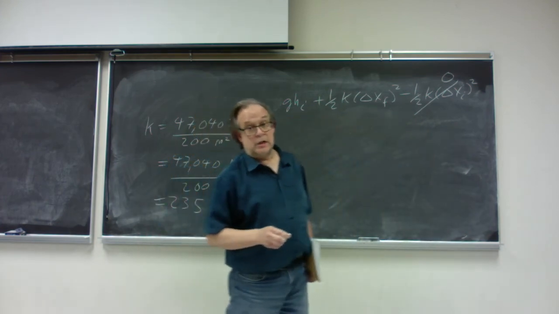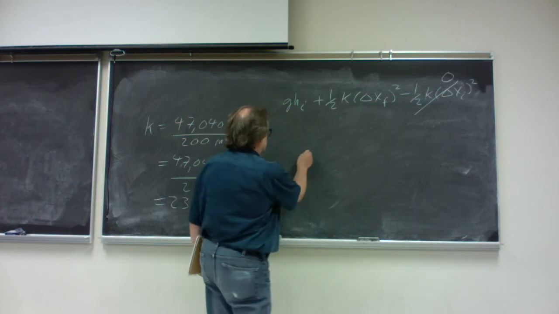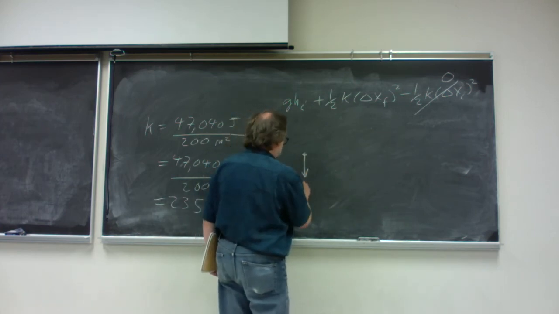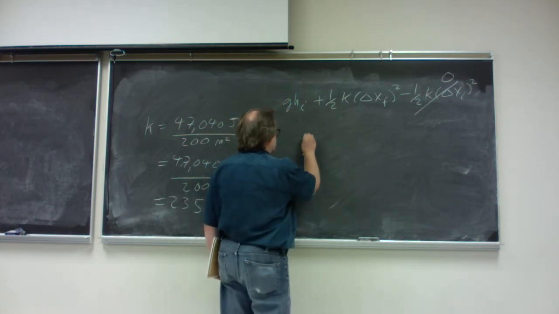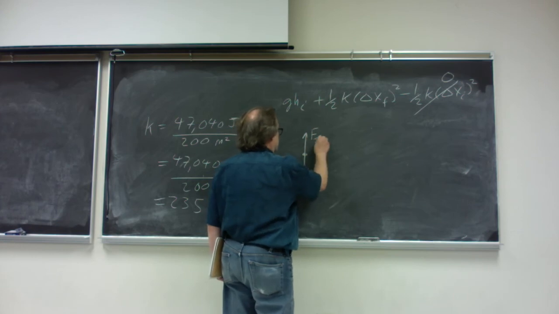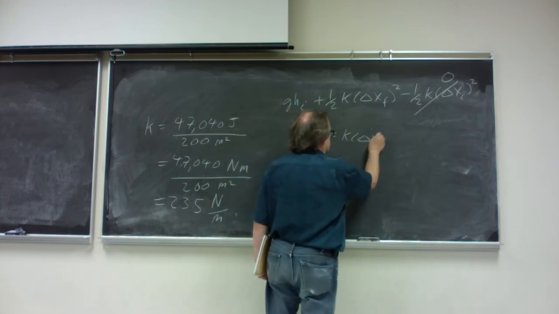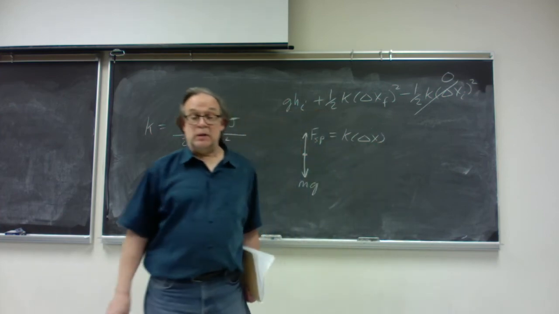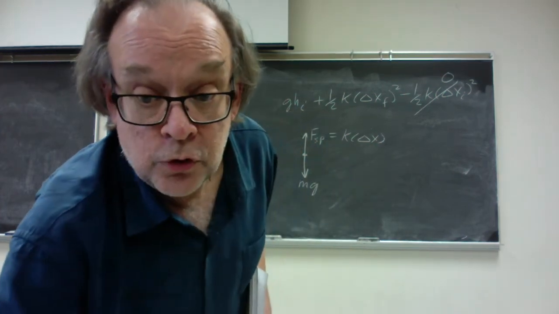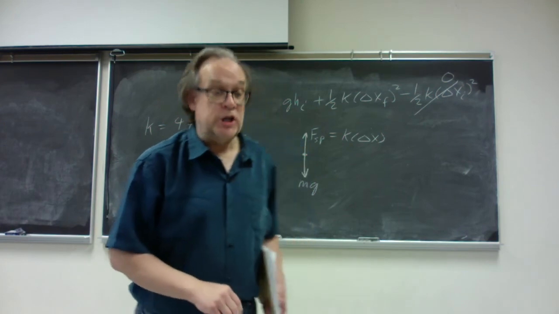How do we know the acceleration is not 0? Well, go back to the two forces on the jumper, weight, m times g, and then the spring force, the magnitude of which is just k times the displacement of the bottom end of the rope, or the amount of stretching.